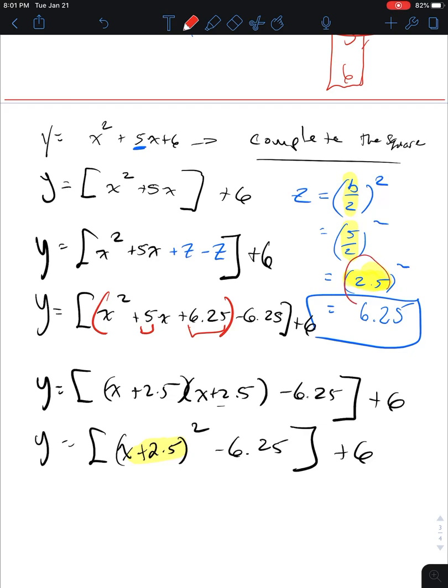You can automatically take the 2.5 and skip all of this work and throw it right there. Every time. You don't need to factor this. This is me showing you how this works. You can skip it as soon as you get the B value divided by 2, before you square it.